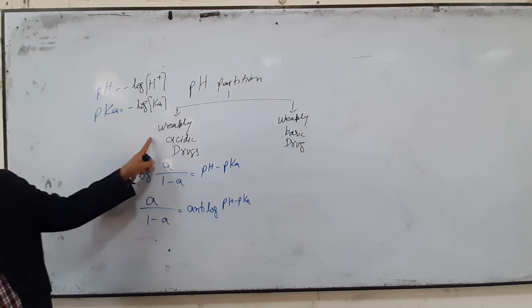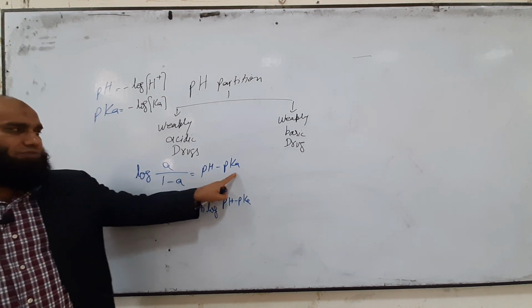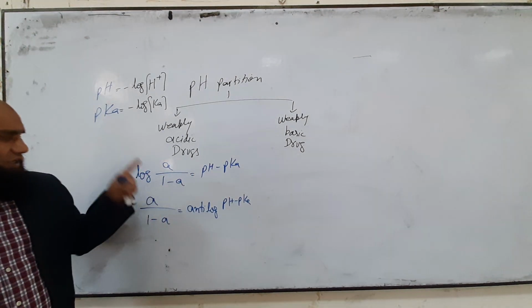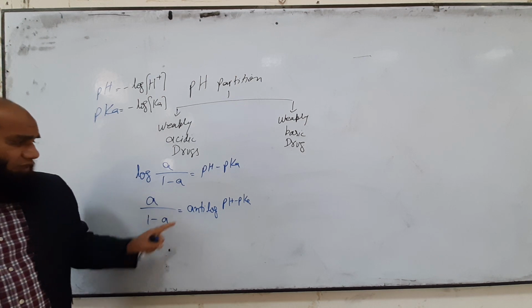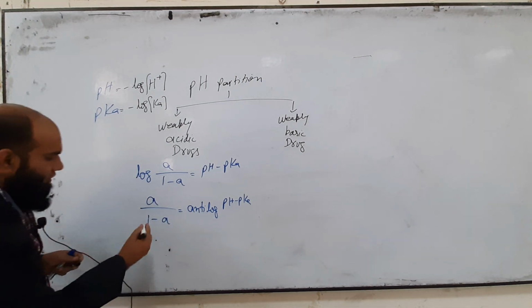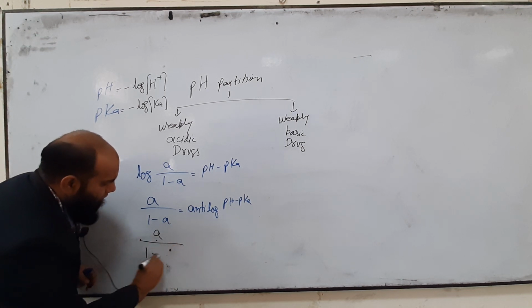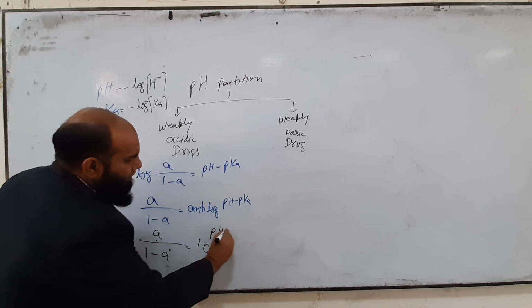In case of a weakly acidic drug, we have the equation log A over 1 minus A is equal to pH minus pKa, or log alpha over 1 minus alpha is equal to pH minus pKa. In the same way, we can take the anti-log. This formula can also be written as alpha over 1 minus alpha is equal to 10 power pH minus pKa.